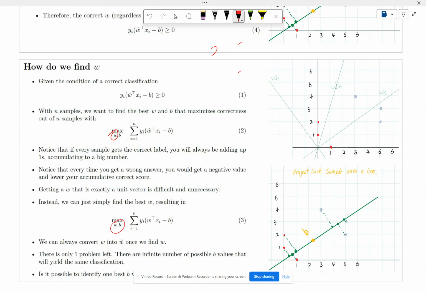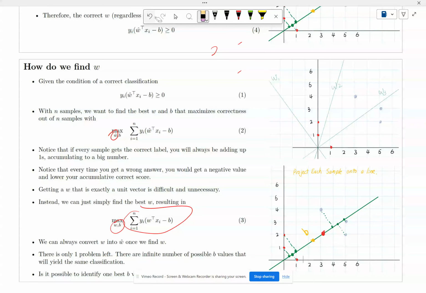This right here allows us to find W. But even if you have picked the best W, you could still end up with multiple B values. You can have B here, and you're still going to get perfect classification. If your B value is also here, you're still going to get perfect classification.